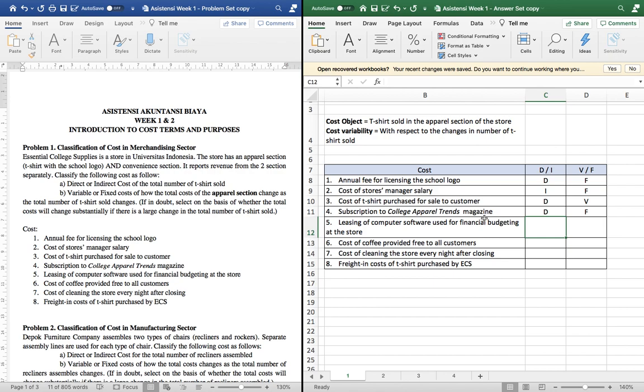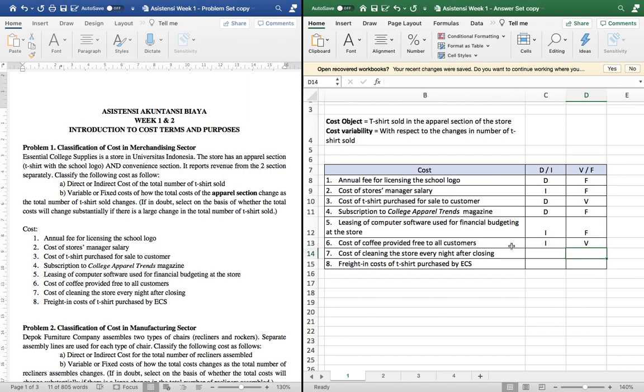And then the fifth one is leasing of customer software used for financial budgeting at the store. And because this is a store-wide cost, this is classified as indirect cost and fixed. And then the sixth one, cost of coffee provided free to all customers. Again, because it is store-wide, which covers both of the section, apparel and convenience section, it is indirect cost for the t-shirt, and it is also variable.